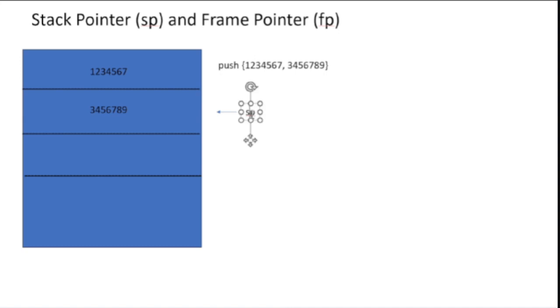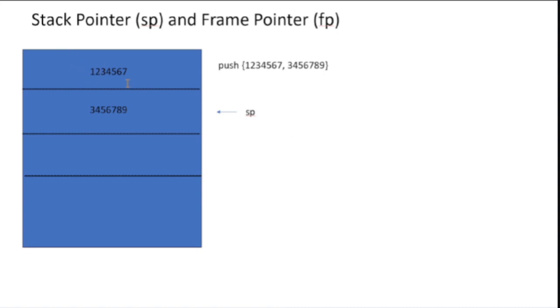And then in the stack, we have what's called the stack pointer, which points at basically the top of the stack. So like I said, this is an inverted drawing. We have the bottom here where 1, 2, 3, 4, 5, 6, 7 is. And then we have the top at the very bottom, which is the lowest memory address of the stack.